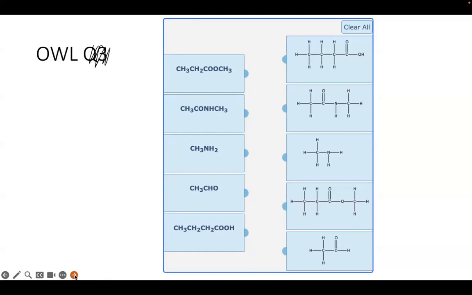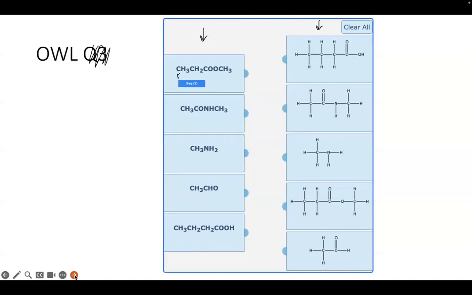One of your OWL questions should look similar to this, where you're matching the molecular formula with a structural formula. Well, I'm sorry, this isn't the molecular formula, this is the condensed formula.